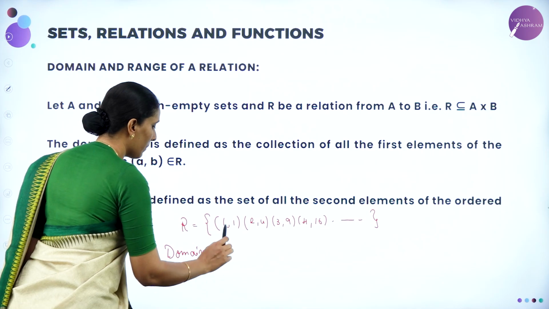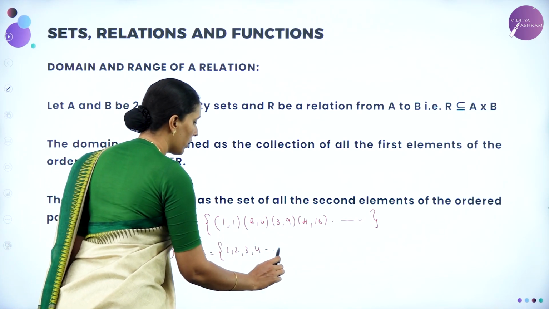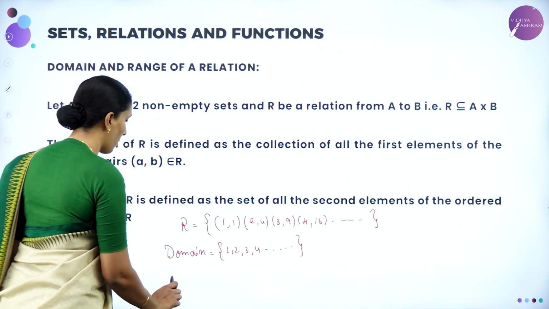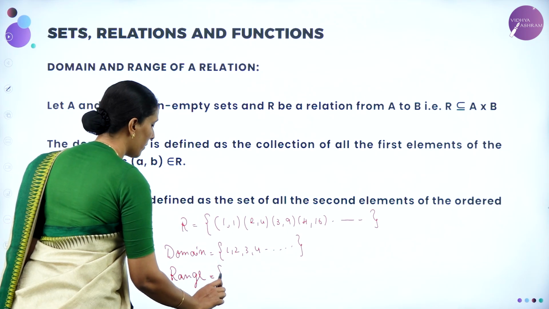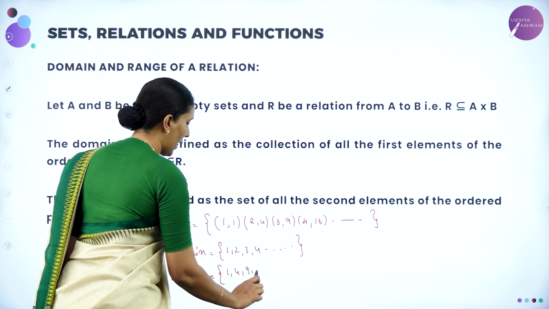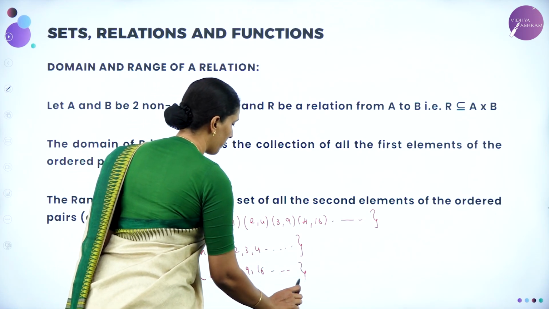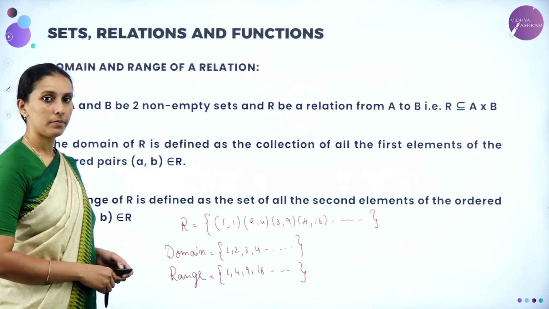So what are the first elements in the ordered pairs here? 1, 2, 3, 4, etc. So this forms the domain. Range is nothing but the second elements in the ordered pairs of the relation set. So here it is 1, 4, 9, 16, etc. So this is the domain and range of the given relation.